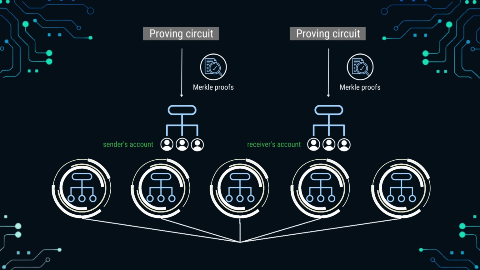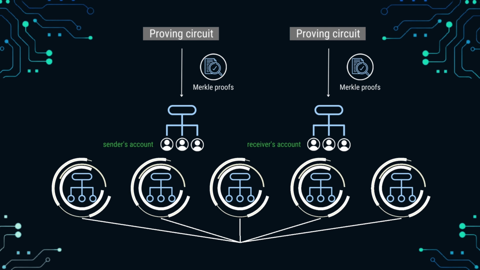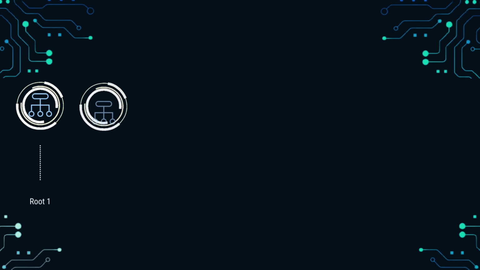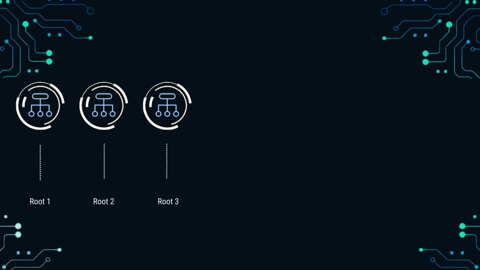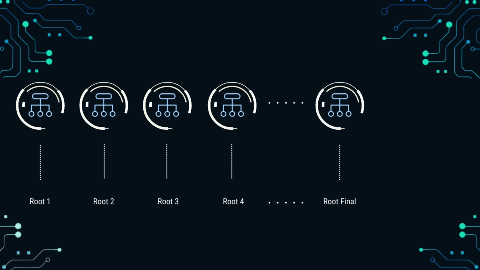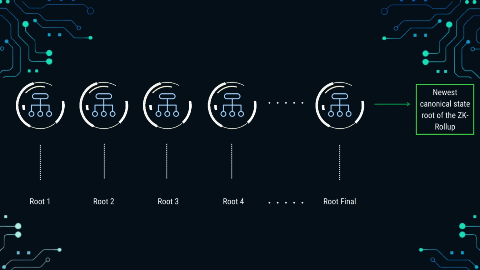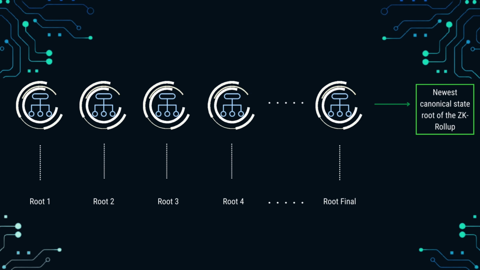Each update to the state root represents a specific part of the ZK-rollup state tree that has changed. The ZK proving circuit continues iterating over the entire transaction batch, verifying the sequence of updates that culminate in a final state root after the execution of the last transaction. The last computed Merkle root becomes the newest canonical state root of the ZK-rollup.